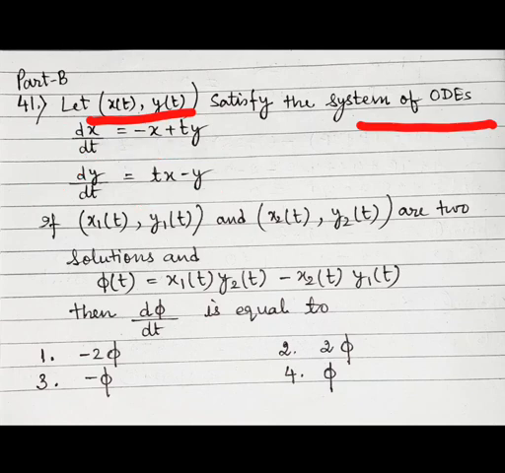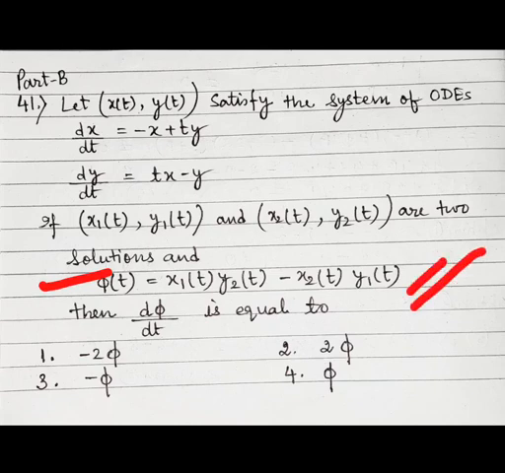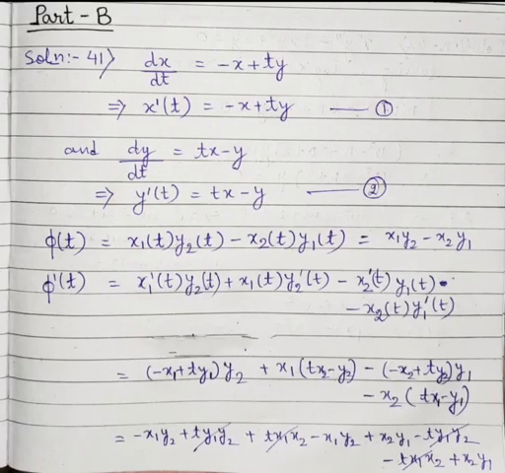If (x1(t), y1(t)) and (x2(t), y2(t)) are its two solutions, and we have the value of phi(t) given as x1(t)y2(t) - x2(t)y1(t), then we have to find the value of d phi/dt. Now here we have four options, one of which will be correct. So let's move towards the solution.